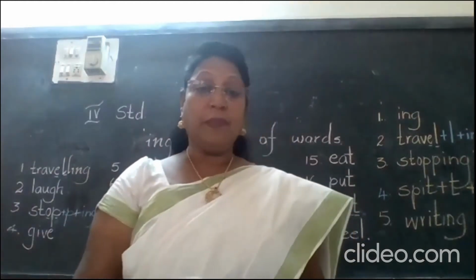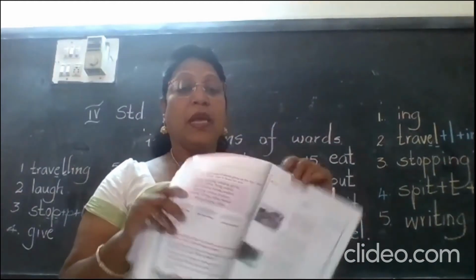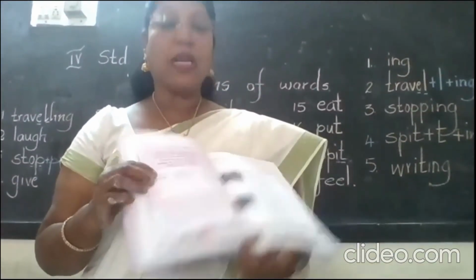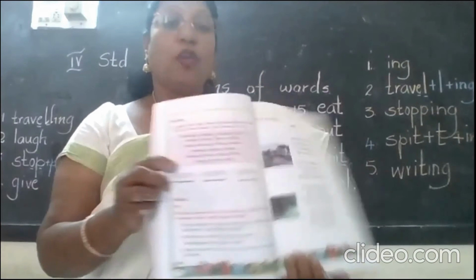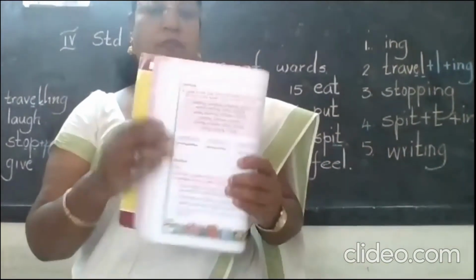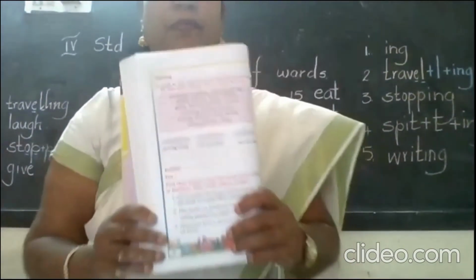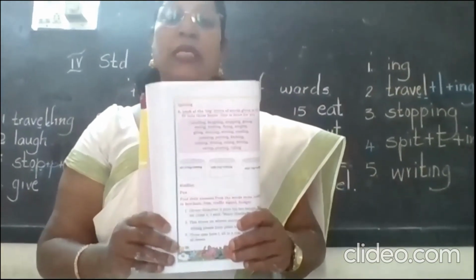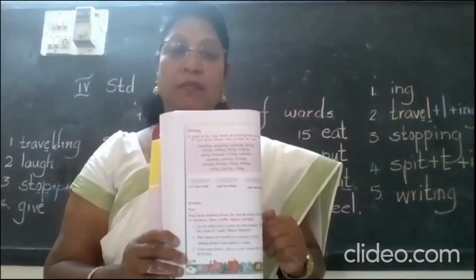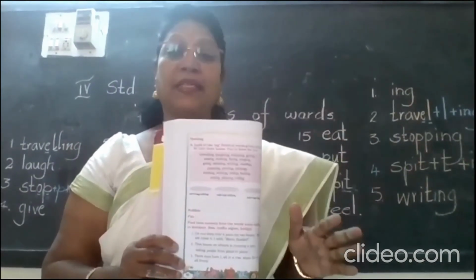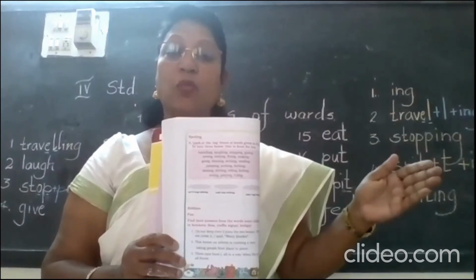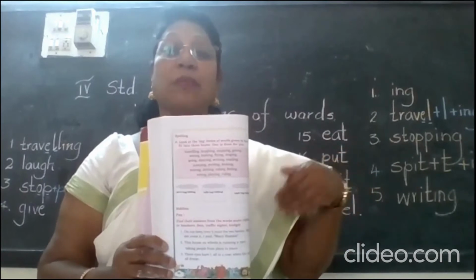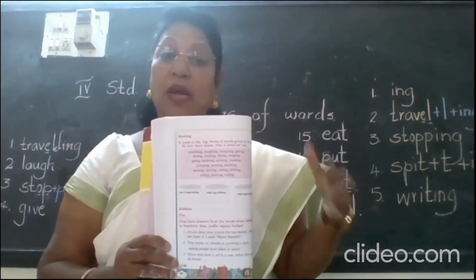I hope I'm clear. Now what you have to do is, in your page, that is in page number 66, you have in a cloud some words. Okay? What you have to do is make 3 columns and you write in whether it's the suffix word, whether you're adding one word, or whether you're subtracting E. Understood?